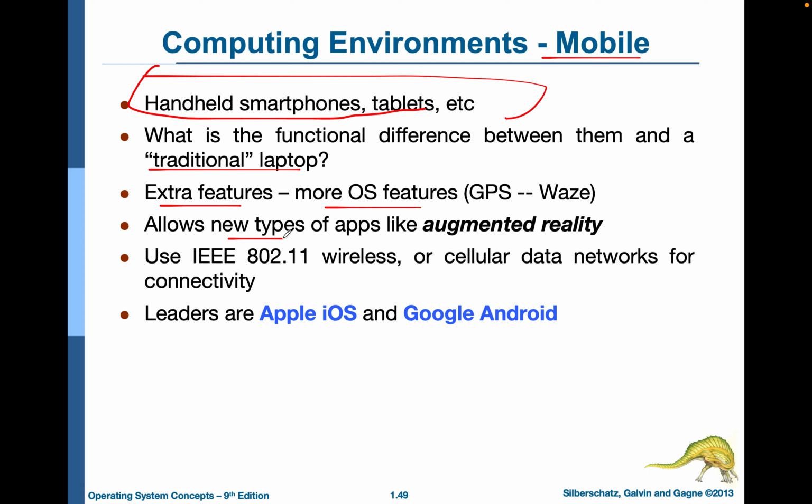So it allows new types of apps like augmented reality, AR, and then you normally use IEEE 802.11 wireless or a cellular data network for connectivity. Normally, mobile computing is always using Apple iOS or Google Android.